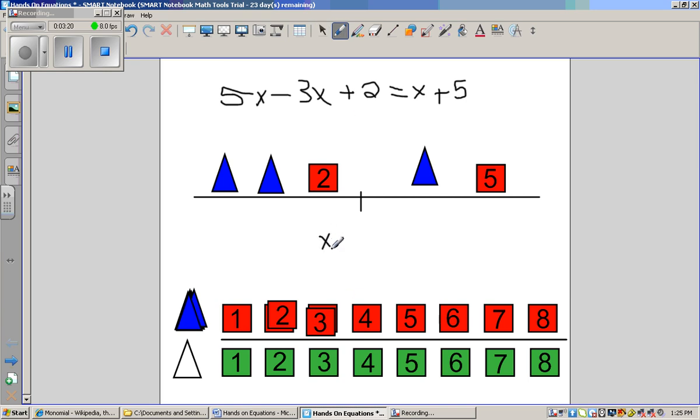So x equals 3, and 8 does check equal 8. Yes, both sides agree. They both equal. So here is where we were combining our like terms. It's looking at this part of our equation where we have 5x minus 3x. You can probably do that in your head. Let's try another one.